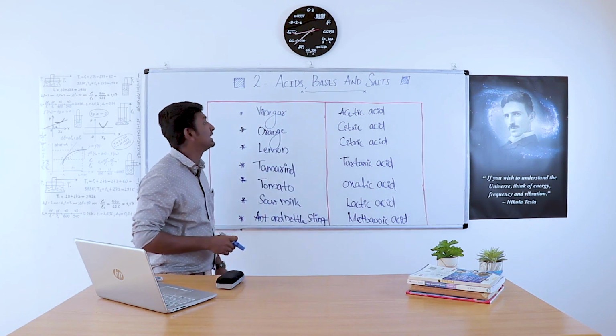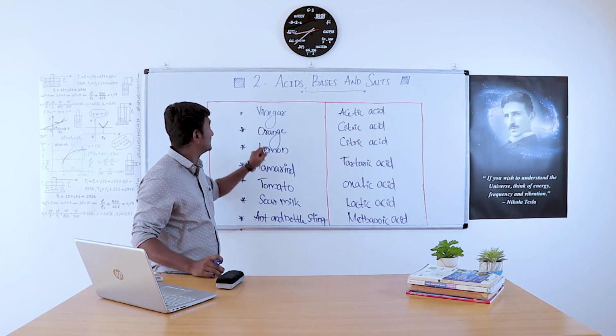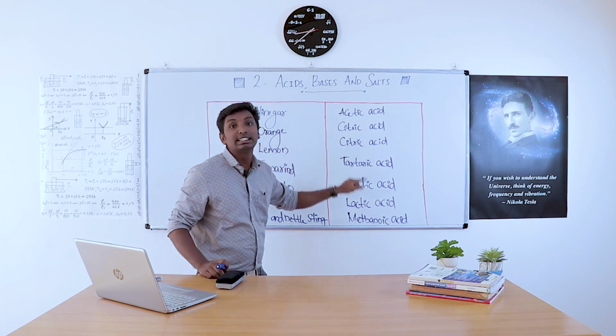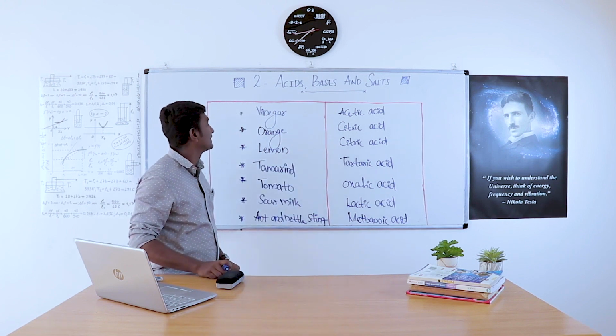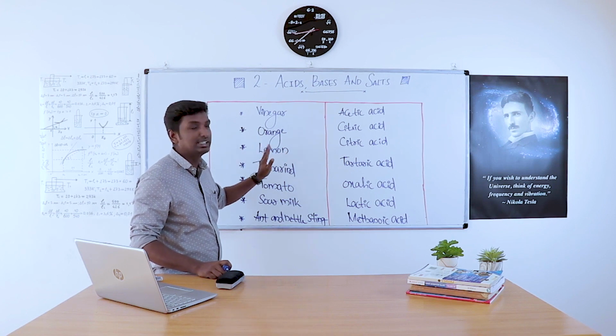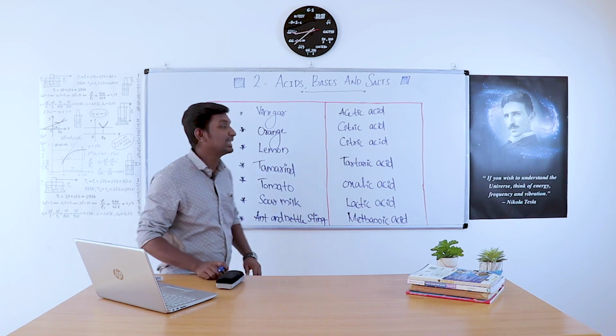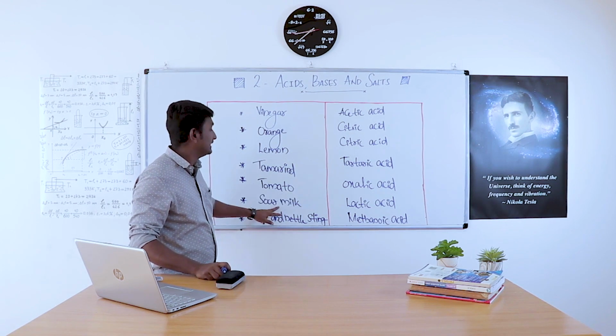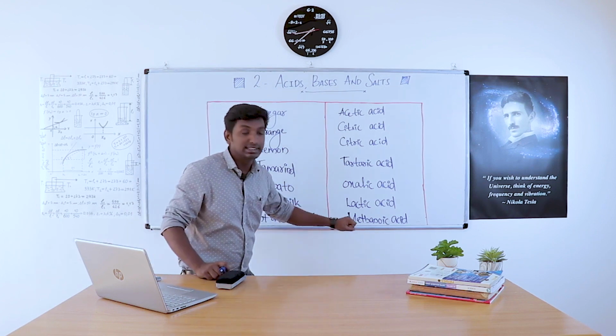In orange, the acid present is citric acid. In lemon, it is also citric acid. In tamarind, the acid is tartaric acid. Then in tomato, it is oxalic acid. In sour milk, milk contains lactic acid.